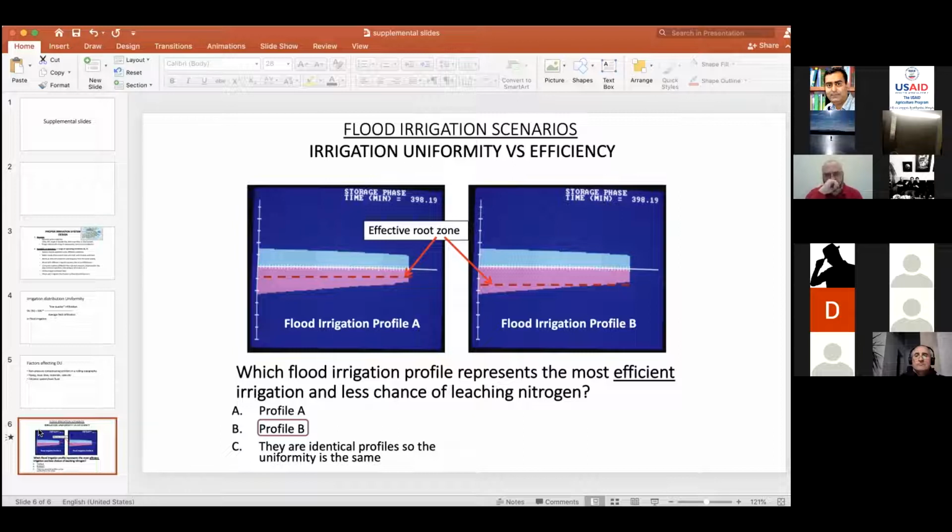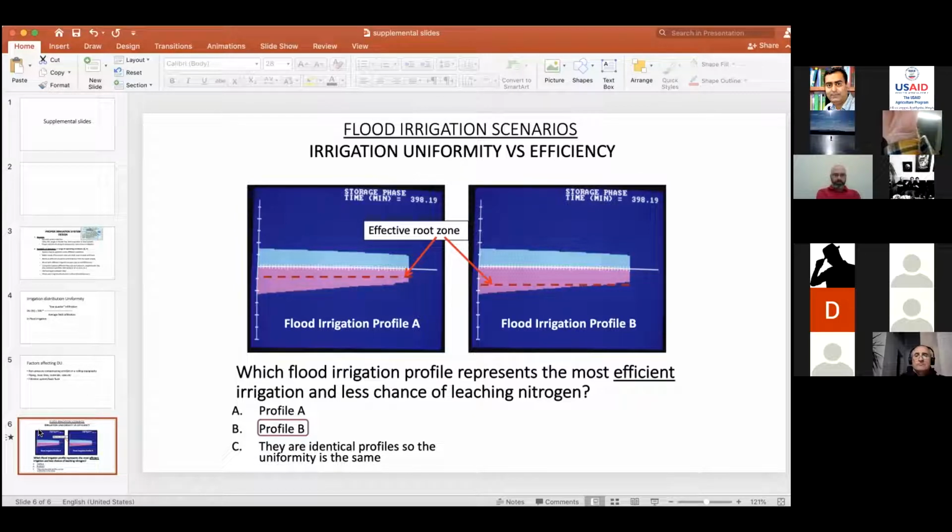Irrigation distribution uniformity is different from irrigation efficiency. Irrigation efficiency is just a calculation of how much water you are applying through your system and how much water is actually getting to your trees. So the system losses, that is the irrigation efficiency.